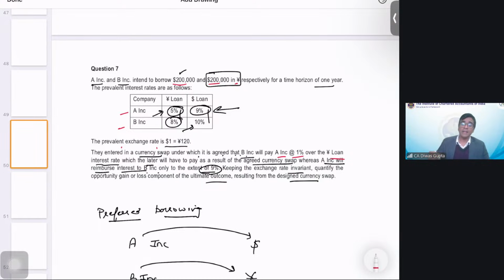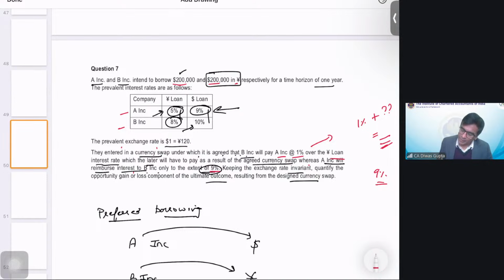So they have given you an indication that 1% plus the yen loan interest rate B Inc. would have taken, on that the amount will get calculated for the overall swap. Whereas A Inc. will reimburse B Inc. only to the extent of 9%. So the 9% is agreed as a swap. They have given you the way to calculate this.